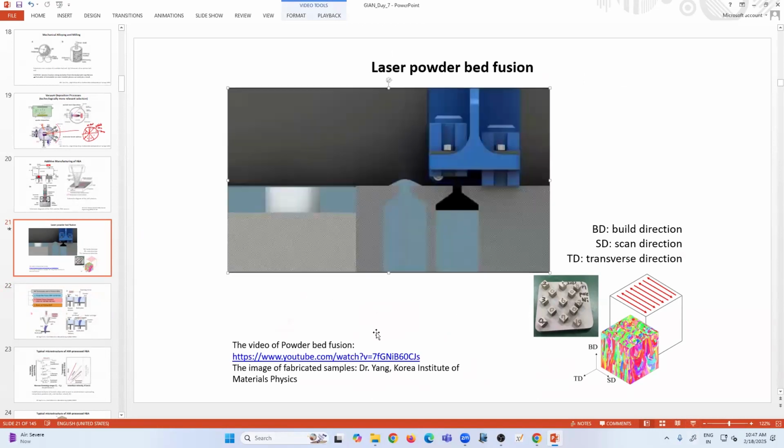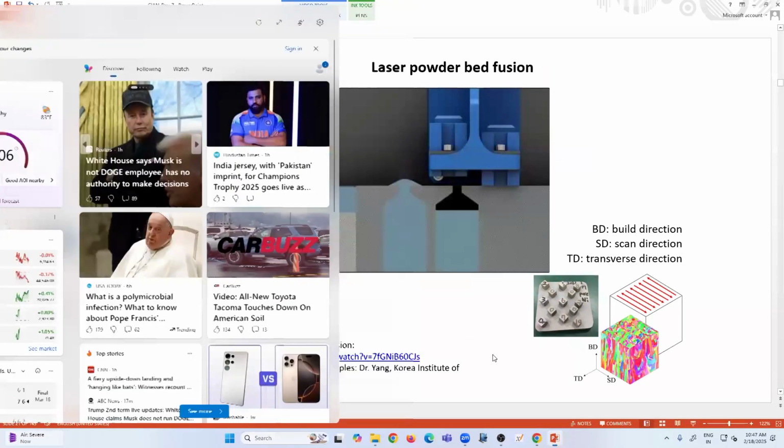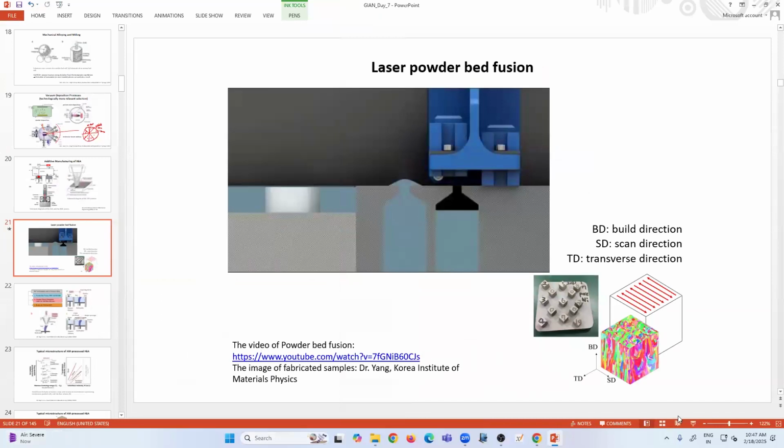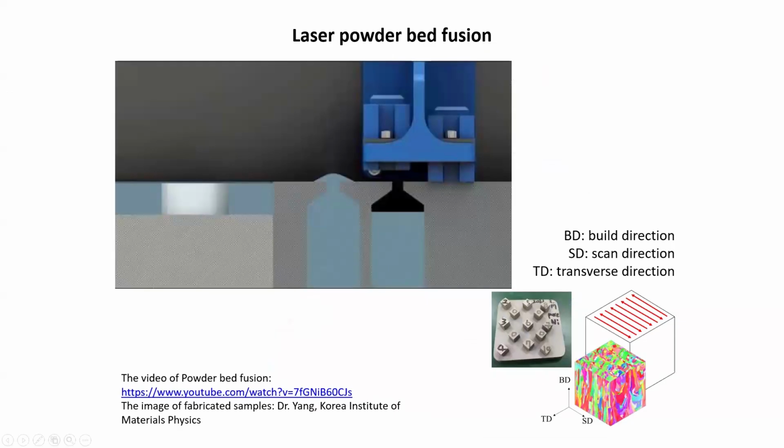But basically, it's showing this setup, how the laser... because this powder is then distributed. Powder is distributed along this direction.